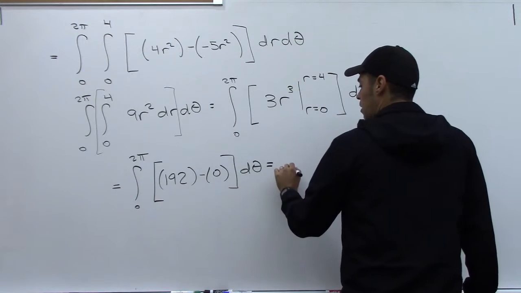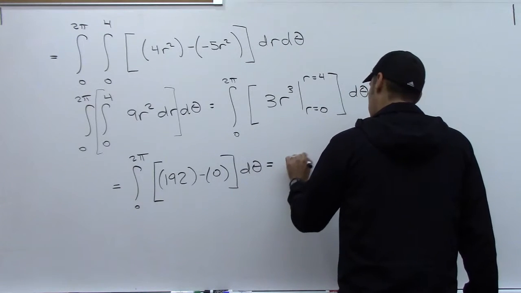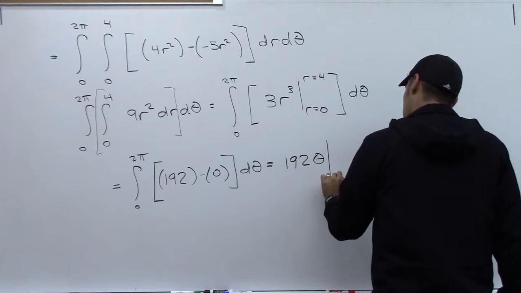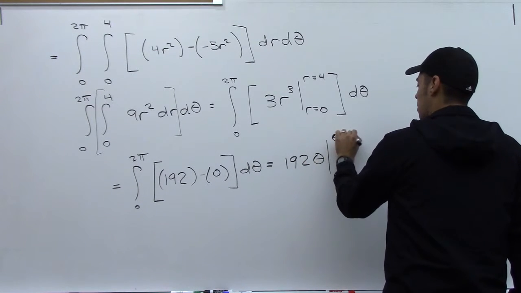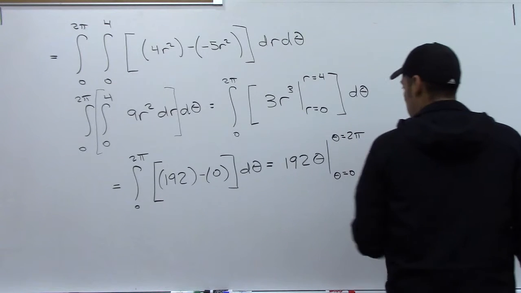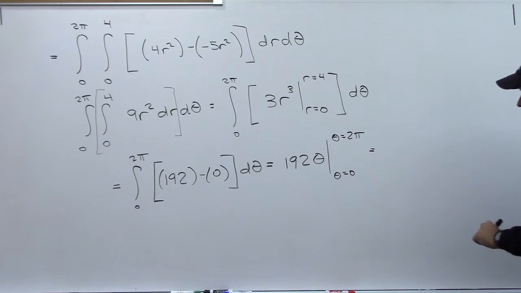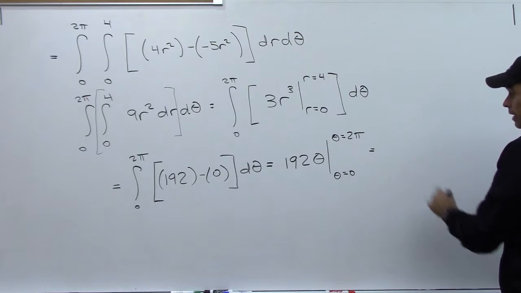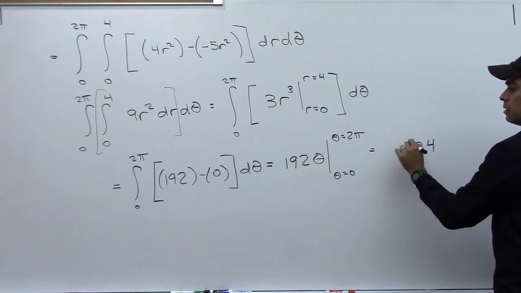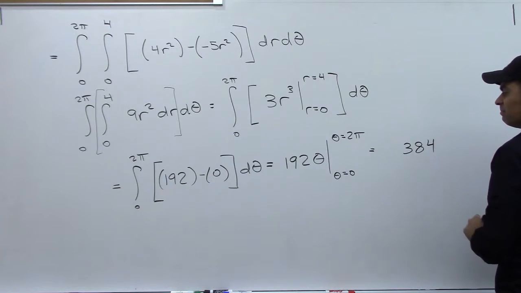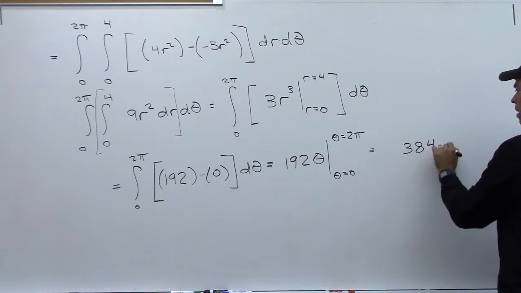And the antiderivative of 192 with respect to theta is just 192 theta. Theta going from 0 to 2 pi, which is 384 pi.